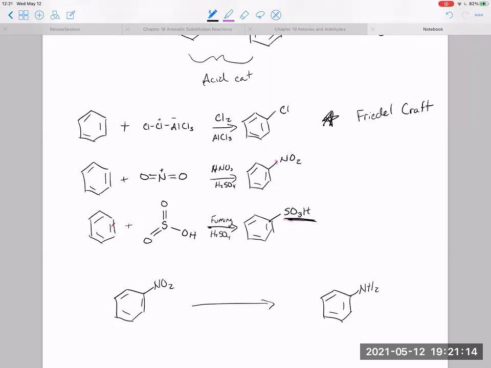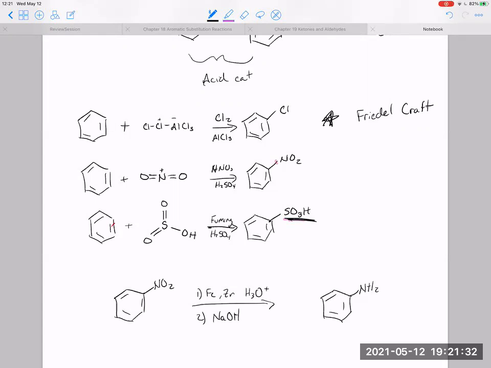When we first learned about it, we learned that it was going to be first like iron or zinc in acid, followed by a base.